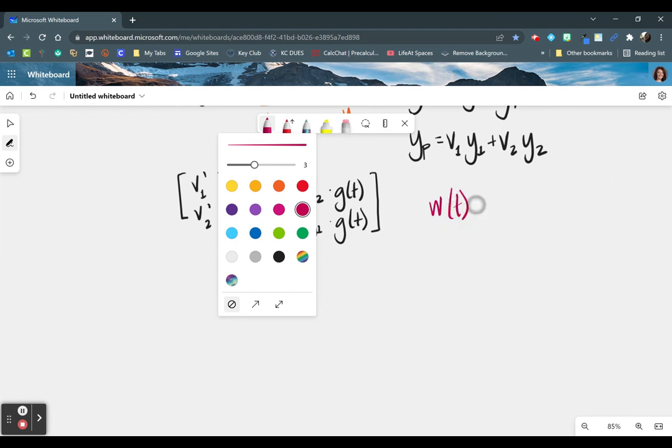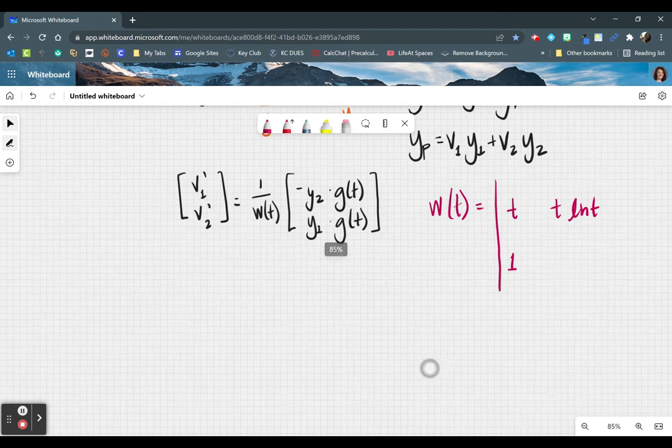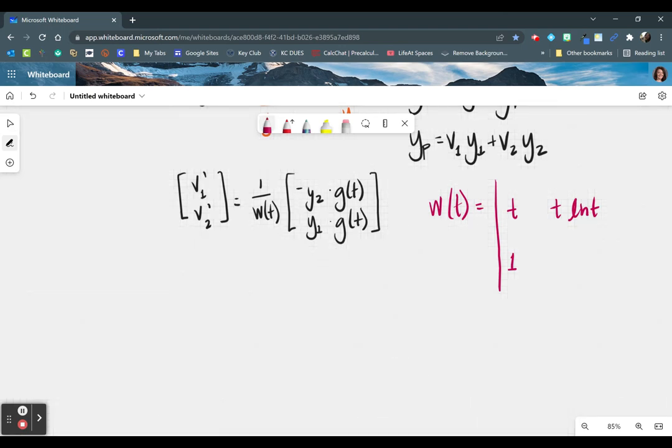W of t. Remember, we make our matrix with y1 and y2 in the first row. So we've got our y1 is t, our y2 is t natural log t, and then their derivatives. So y1 prime is 1, and I get to do a little product rule with y2 prime here, so I'm going to get the natural log of t plus 1.